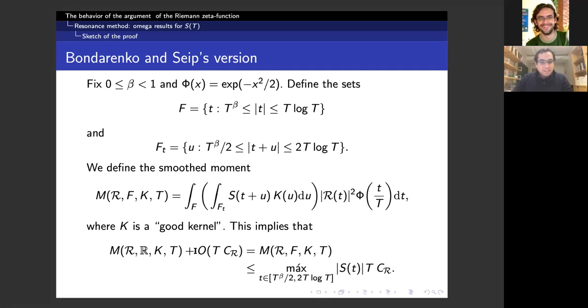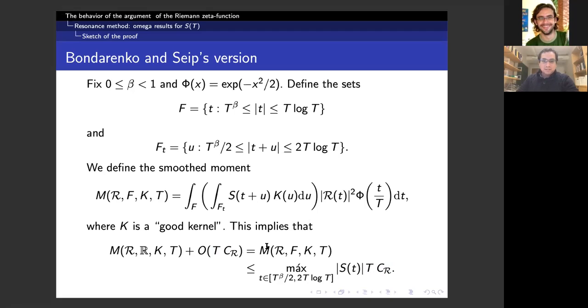And you need to pay this error term here. So you can change this smoothed moment here, replacing this integral with R, and you pay this error term here. And this error term is exactly the term that appears here: T and this constant depending on the resonator.